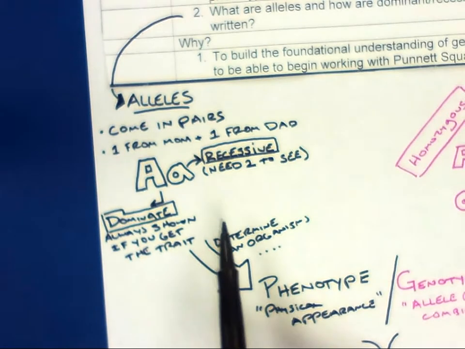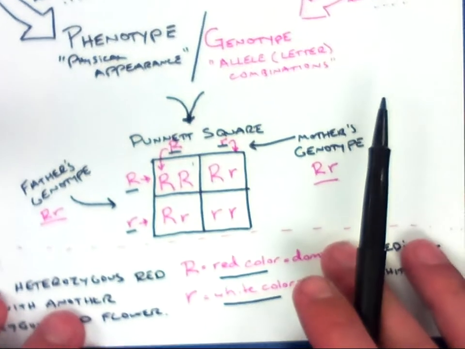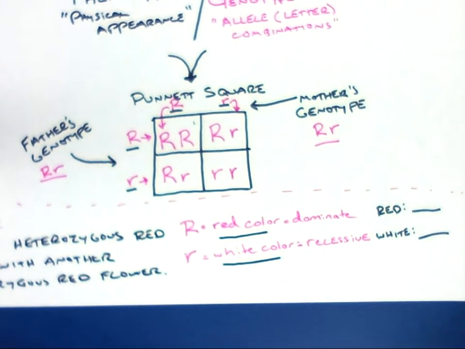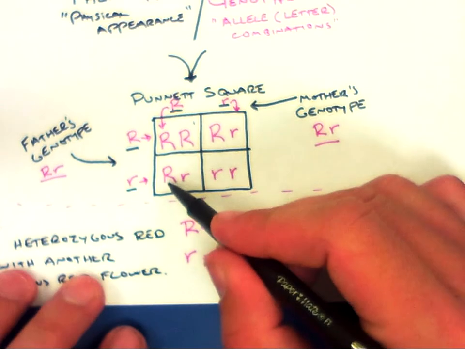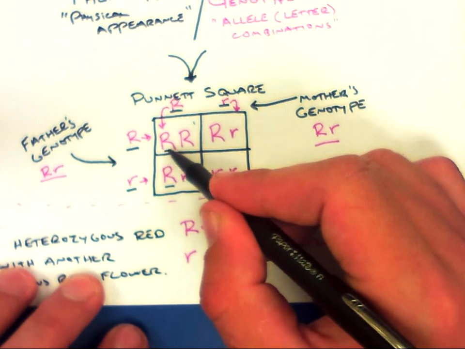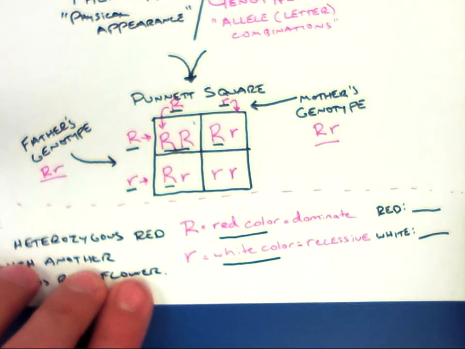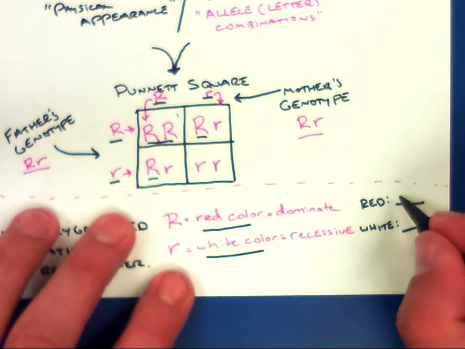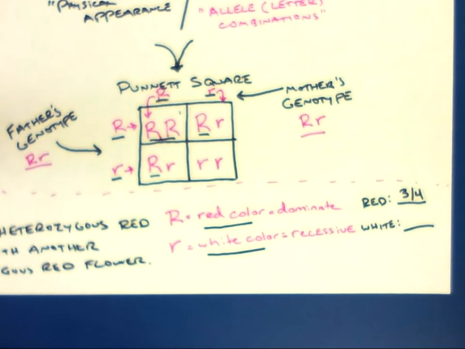And remember back to our notes right here, dominant trait, always shown if you get the trait. So how many of those boxes show red petals? One, two, three, or four? Three, because you have a capital R here, you have capital R's here, and you have a capital R here. So anywhere there's a capital R, it's a dominant trait. Means that 3 out of 4 of those boxes are red.